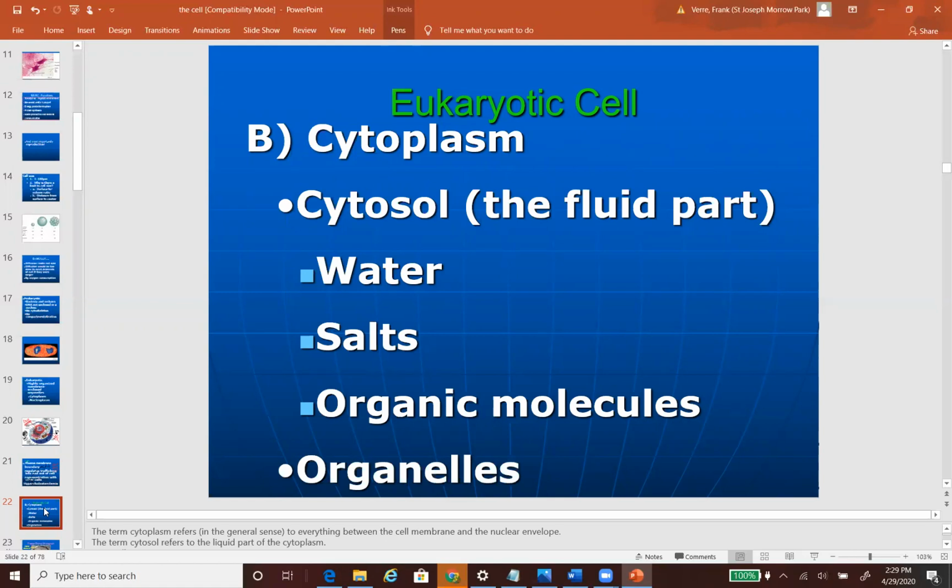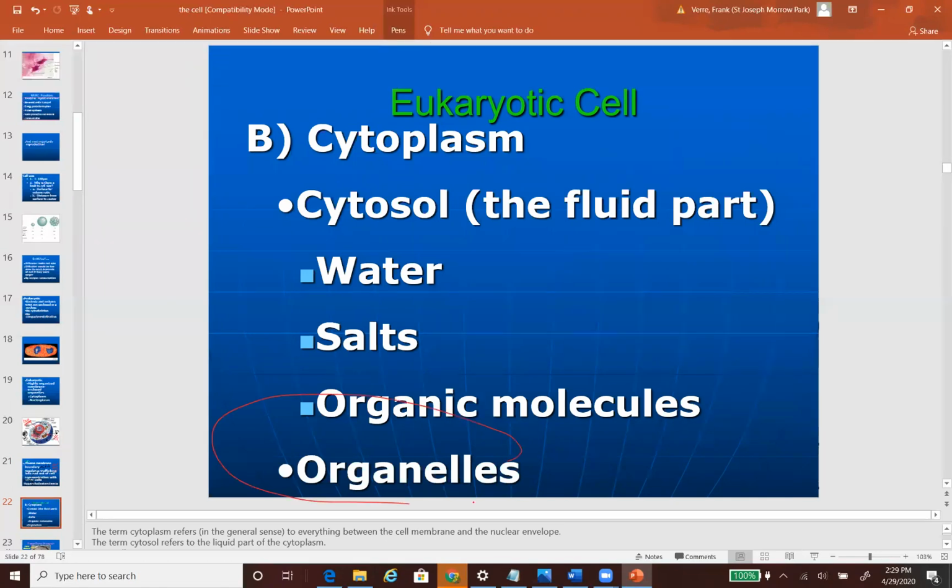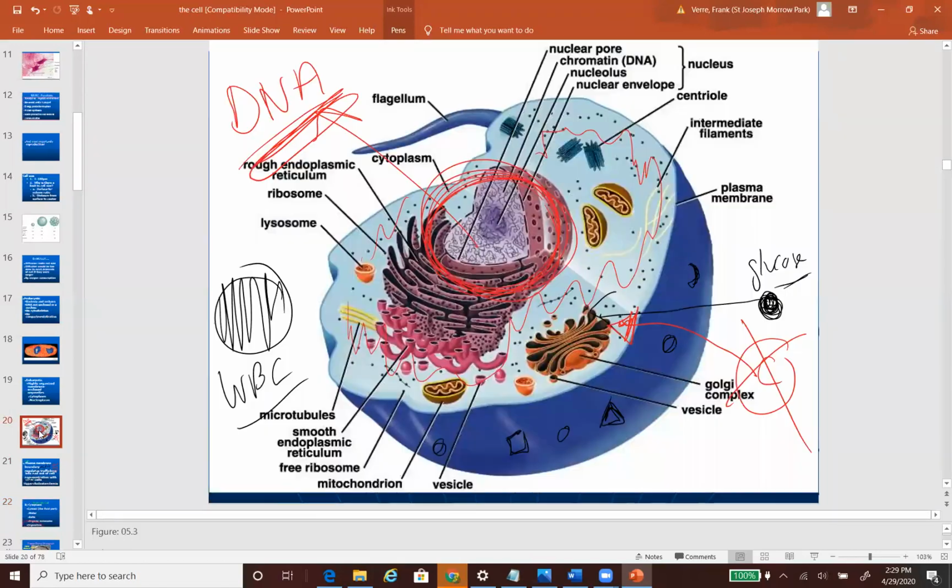Okay, and it's basically where the organelles are. The organelles are like the organs of a cell, okay? These are the little body parts of the cell that would actually be floating around in the cytoplasm, like the ocean of the cell, okay?